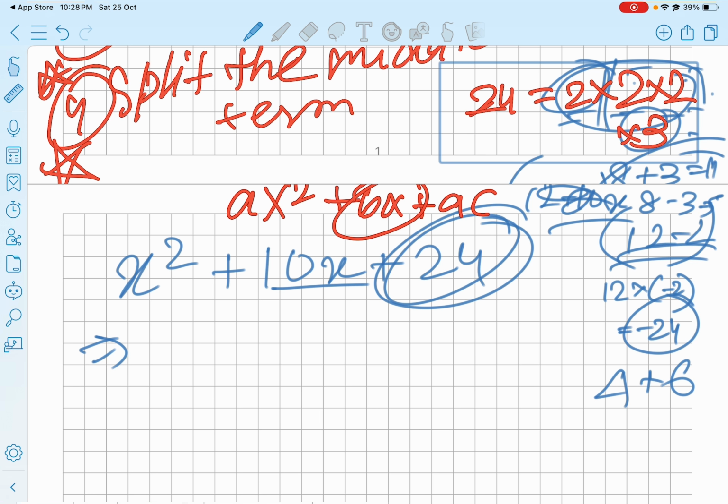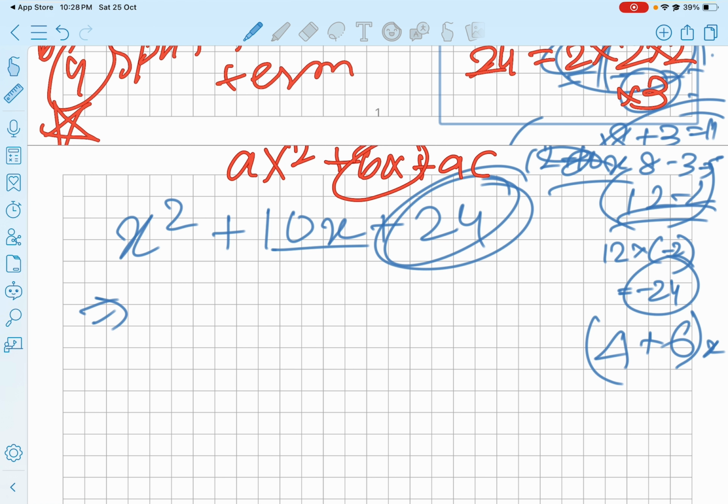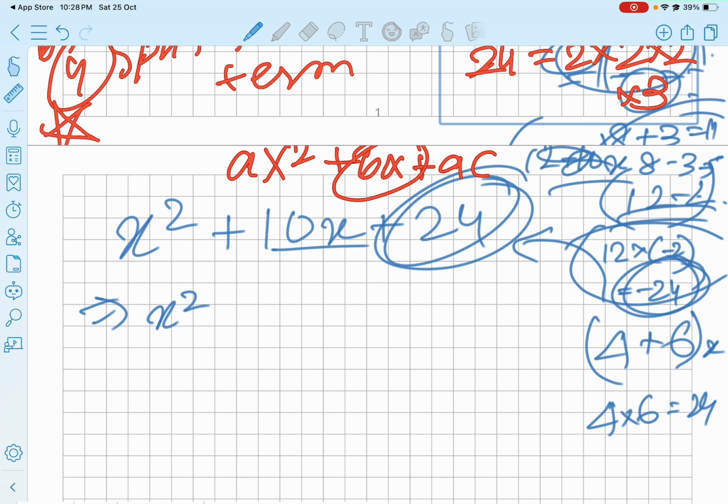Now if you add these two, we will definitely get 10x, and 4 into 6 is also 24. So we are going to split 10x as 4x plus 6x.